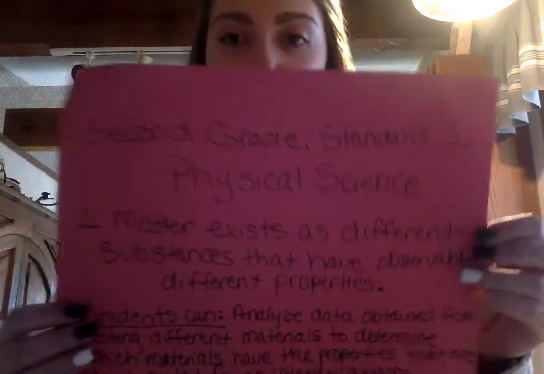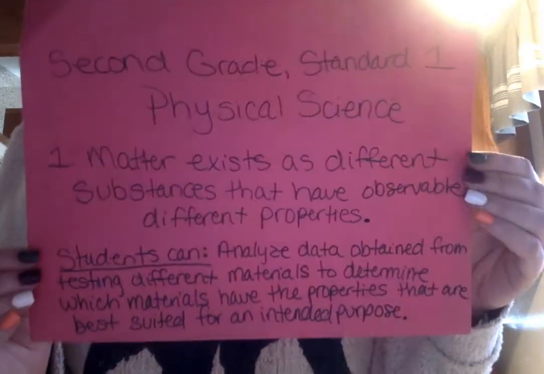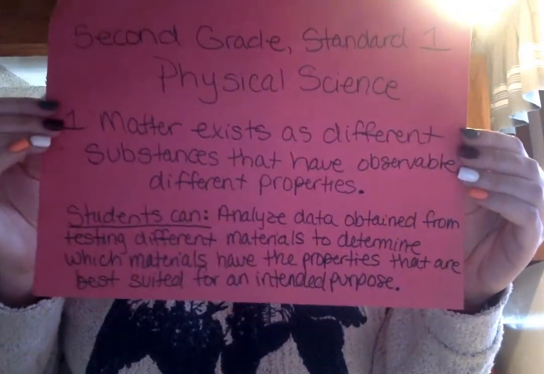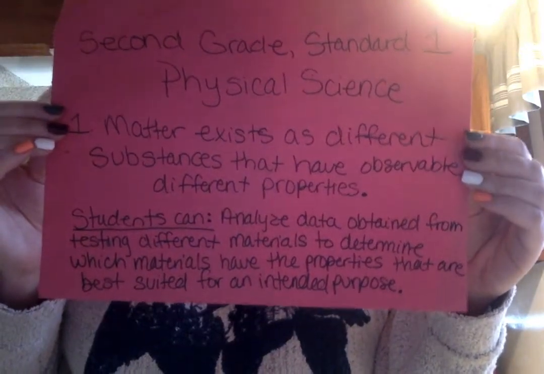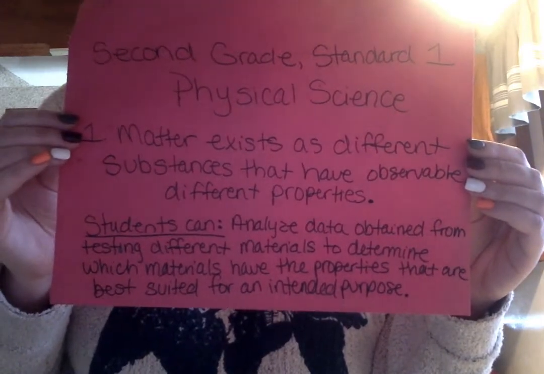So for my teachers, I wanted to go over the standard that I will be covering during my lesson. I do have the standard in the comments below. So if you want to watch the video and then look at it after, you can. Okay, so my standard is 2nd grade standard 1, physical science. It states matter exists as different substances that have observable different properties.